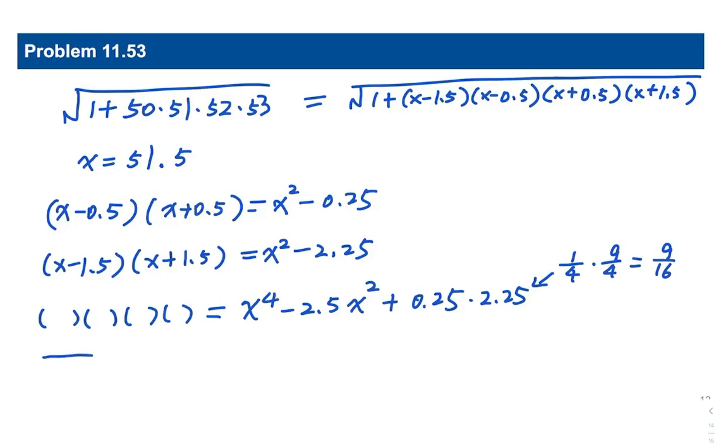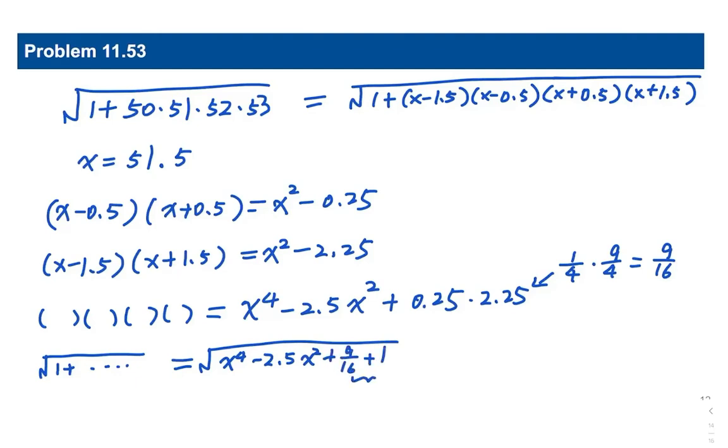So 1 plus this thing is square root of x to the power 4 minus 2.5 x squared plus 9 over 16 plus 1, which is 25 over 16, which is 5 over 4 squared.